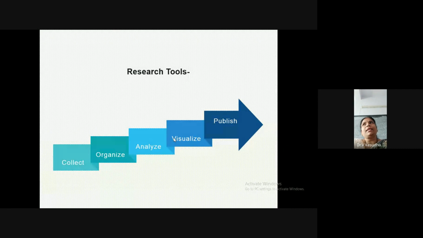Organizing the data is a very complex and hectic job. So here again, a researcher can take the help of certain tools which would assist them in organizing the complete data in a meaningful way.